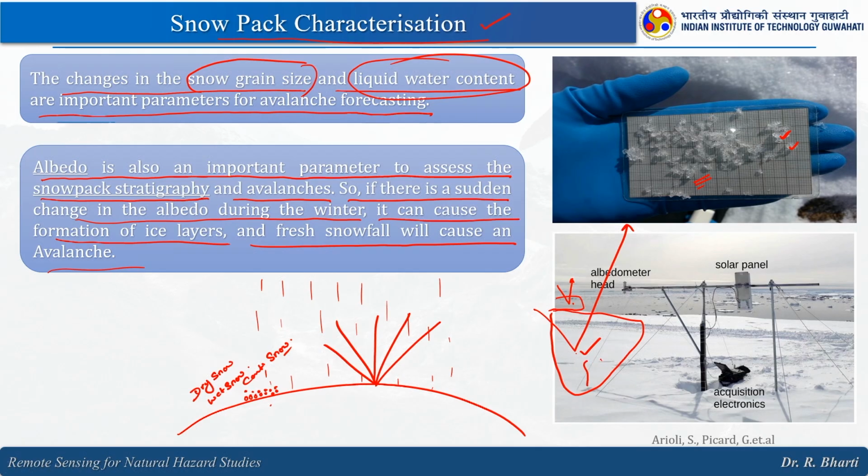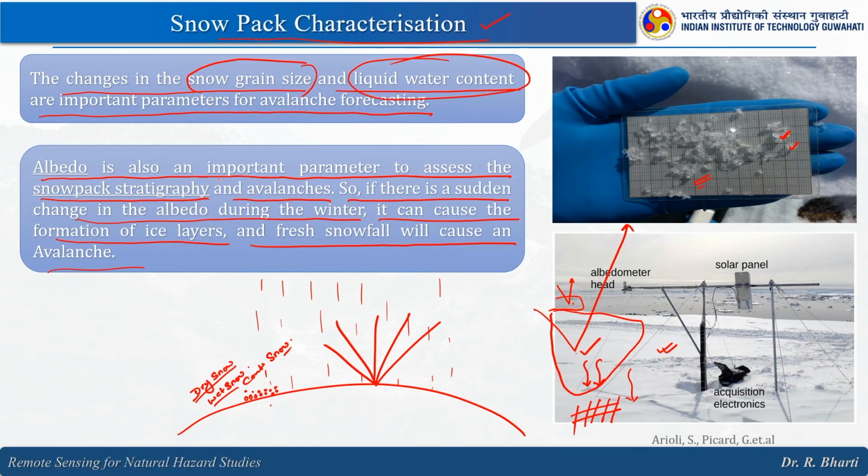There will be change in the absorption of the energy. Energy will be absorbed by the target. That will change the temperature of this particular snowpack, and because of that this dry snow will become wet and then slowly it will start melting. This is one part of the story.